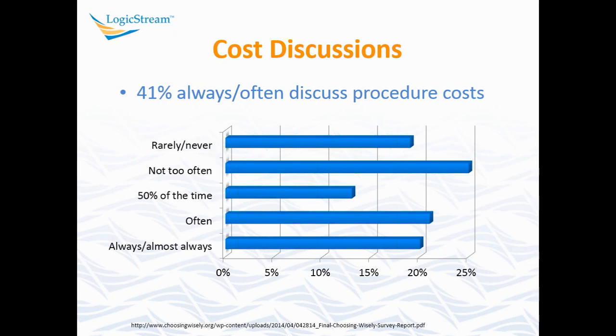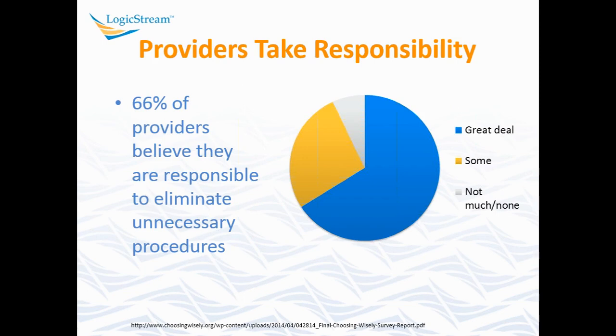Clinicians are trying. They will outline the reasons why tests are unnecessary most of the time, so 87% of the time they will outline the reasons tests and procedures are unnecessary. And they are in cost discussion with patients at least some of the time. So 41% will always or often discuss the cost of a procedure.